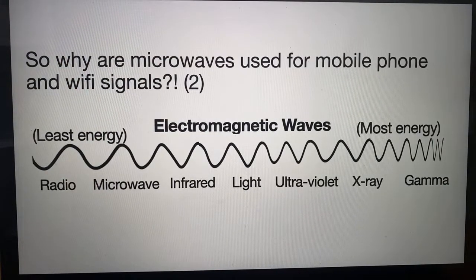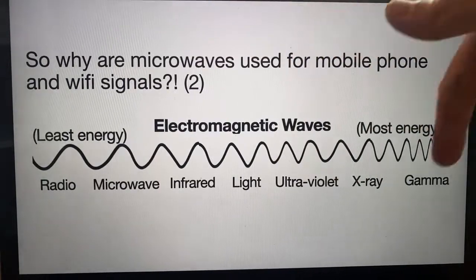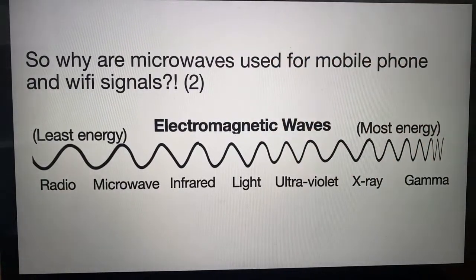You use a mobile phone. Microwaves are being sent from your mobile phone to a mobile phone mast and then elsewhere, and then eventually back to a different mobile phone mast and down to the person you're speaking to. Why would you use microwaves if it's the ones up here that carry the most information? Why wouldn't you use light for mobile phone and Wi-Fi signals?